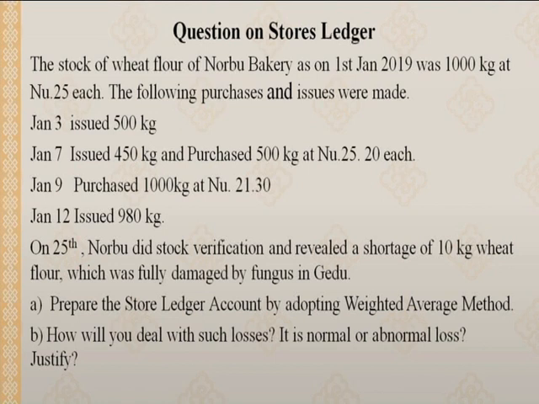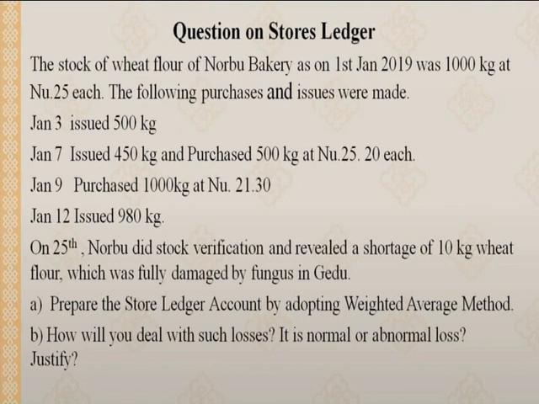On day 7 we have both issue as well as purchases. January 9 we have purchased 1000 kg at the rate of Nu 21.30. January 12 issued 980 kg. Then further on 25th Novo did a stock verification and revealed a shortage of 10 kg wheat flour which was fully damaged by fungus in Gedu.